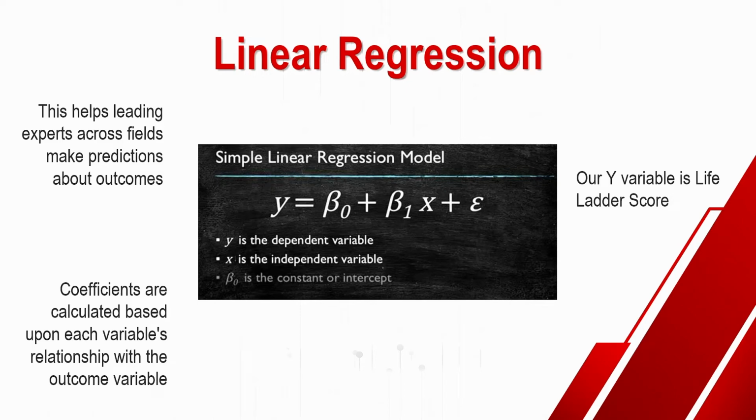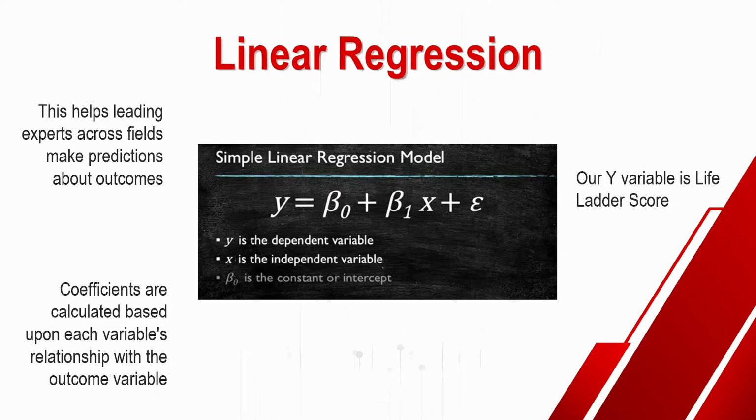The linear regression model helps leading experts across many different fields to make predictions about specific outcomes. You can see the formula here where y is our dependent variable. In our case, we are considering life ladder to be our dependent variable.